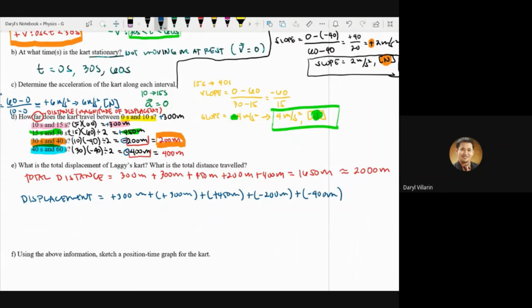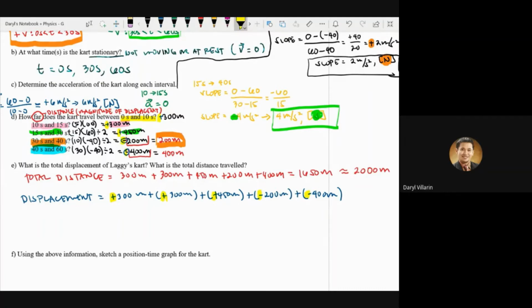So the difference here is you try to take note of the signs. Okay, positive, positive, positive, negative, negative. So you have 3 positive displacements and 2 negative displacements. Again, the negative only indicates that this should be south direction, positive north.